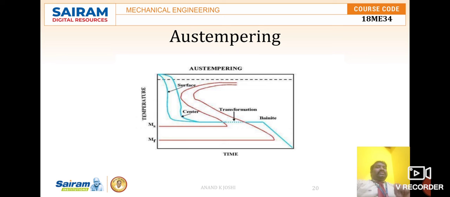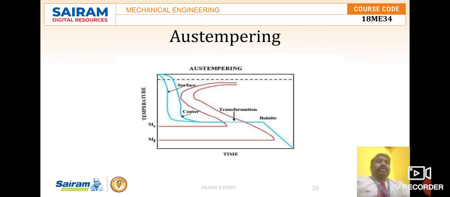For this reason, Austempering is limited to sections less than half an inch thick. This thickness can be increased by the use of alloy steels, with alloying additives like tungsten and other materials, but the time for completion of transformation to bainite may become excessive. So this is about Austempering.